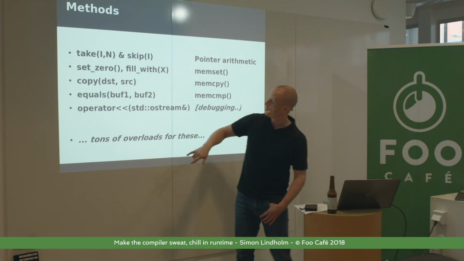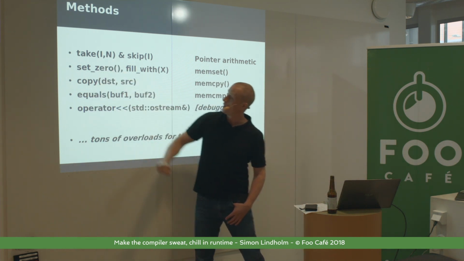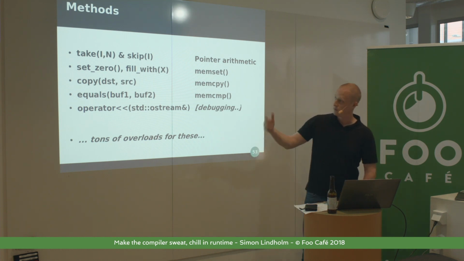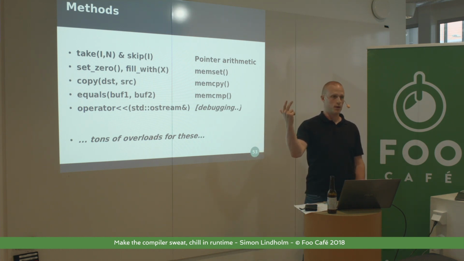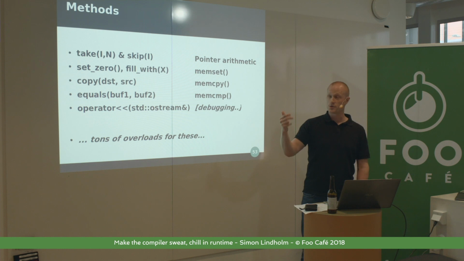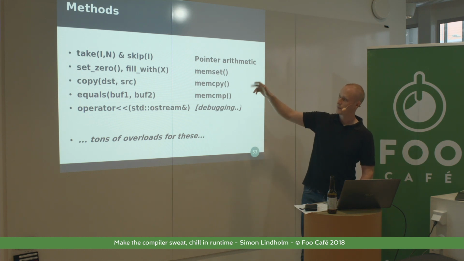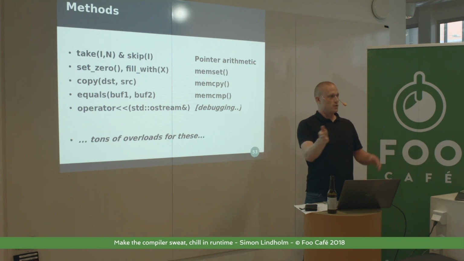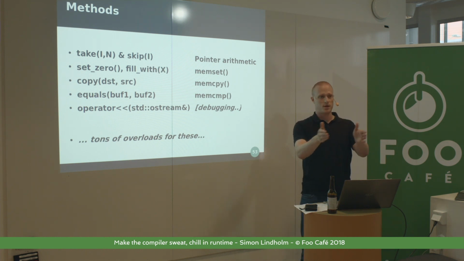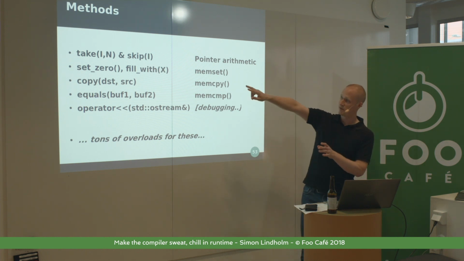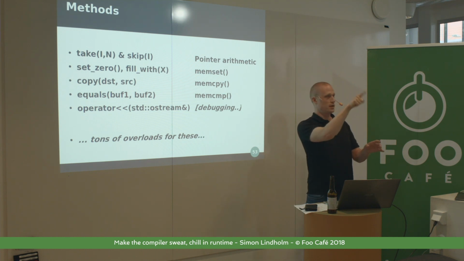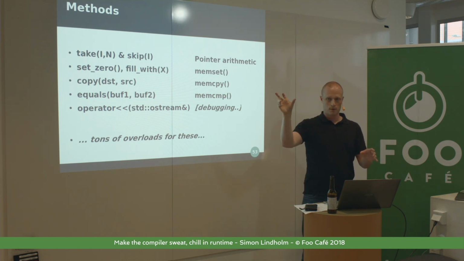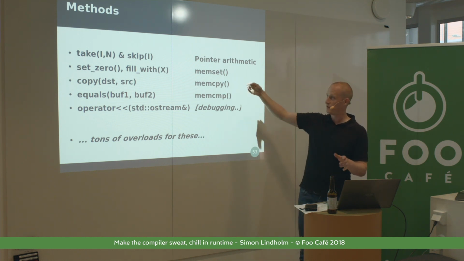If you have take here, for instance, you have two size parameters: the index and the size. Sometimes you know the index at compile time, and sometimes you know the size at compile time, and vice versa. So you have basically four different versions of those, where you pass either by template or as a function argument.